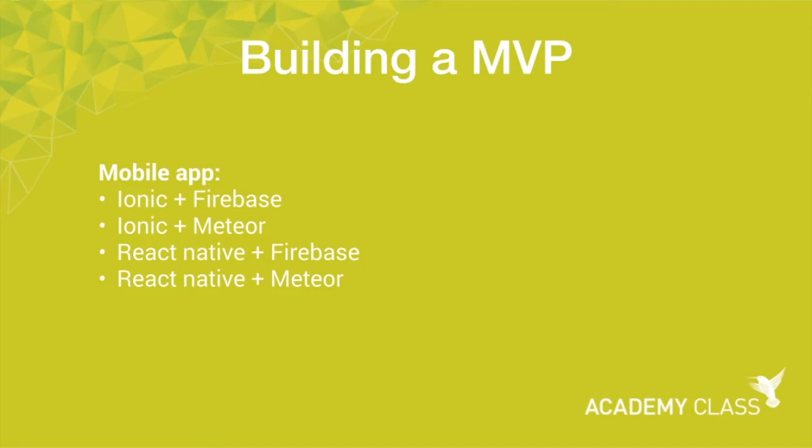If you're building a mobile app, you have some different options. First of all, I would probably recommend using Ionic plus Firebase or Ionic plus Meteor. Ionic looks really good. It makes your app look amazing, and I think it's a really good way to start building a hybrid app, especially since you're building an MVP.